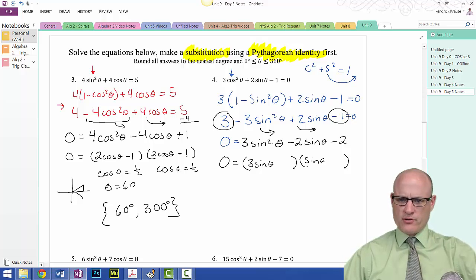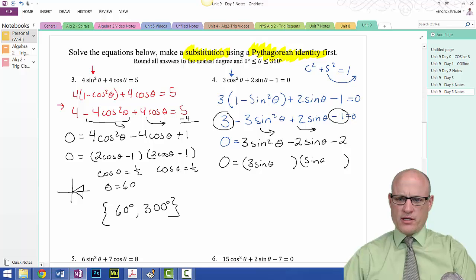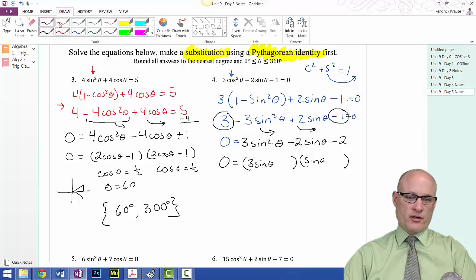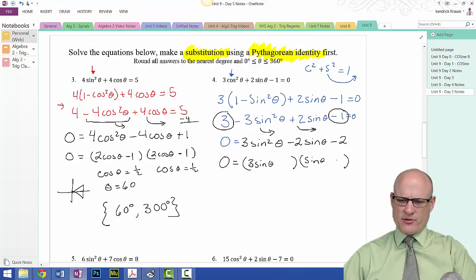I'm getting upset now. 3 minus 1. 2 sine theta minus 1. You see me sweating? 3 minus 3 sine squared theta plus 2 sine theta minus 1. Those move over. This was a positive 2. When I brought it over, it becomes negative 2. Well, let me just throw it in here, because my brain, you guys remember, I got up at 2:30 this morning. I'm a little tired. I might have screwed up making this sheet.